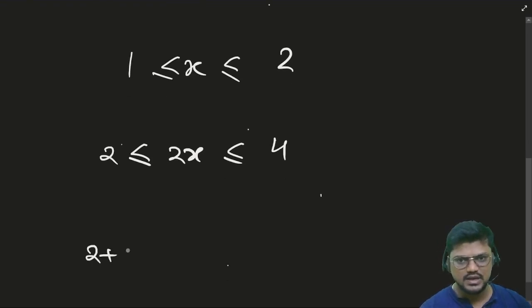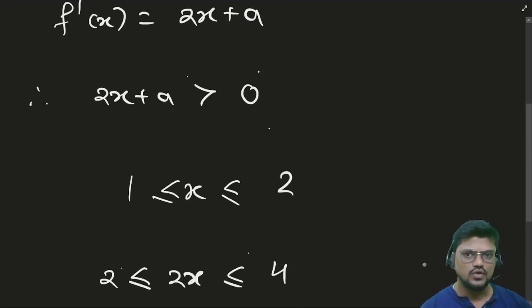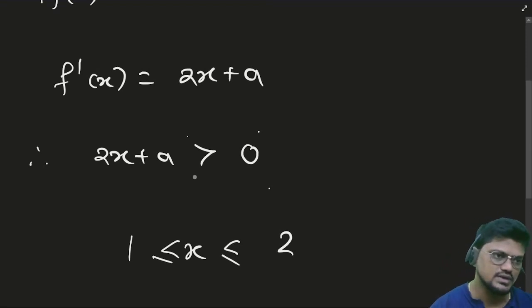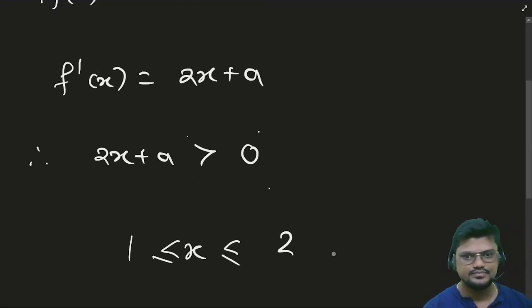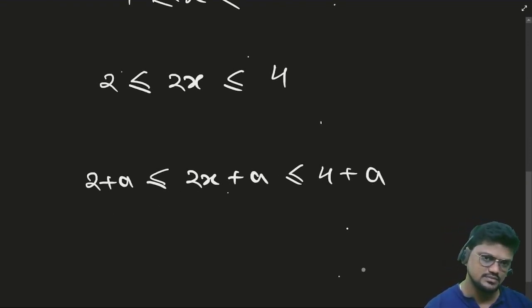So 2 plus a less than or equal to 2x plus a less than or equal to 4 plus a. For this interval, f dash of x has to be greater than 0. So 2x plus a lies between 2 plus a and 4 plus a.